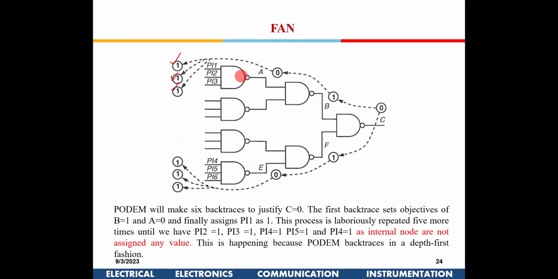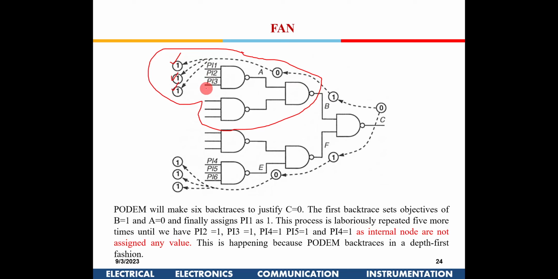Whereas what FAN does is, since there is no branching, it can consider this entire thing as a single net, and for a 1 here, and I need a 0 here, it will straight away assign 1 1 1 1 here.